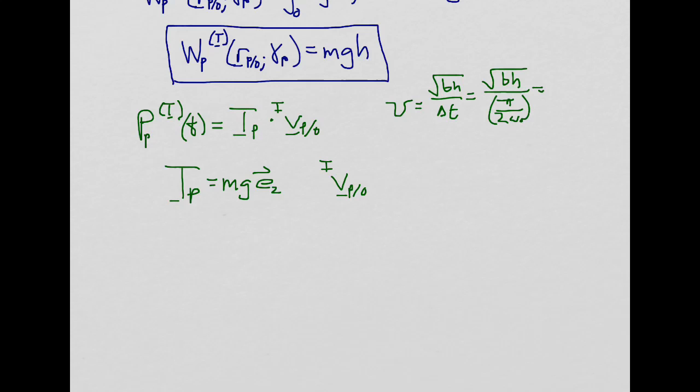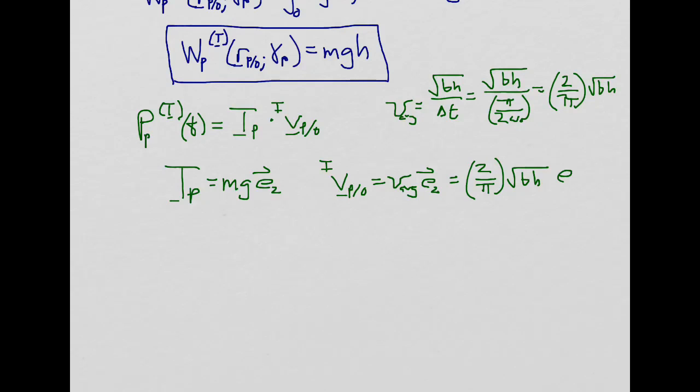And then our average speed ends up being 2 divided by pi multiplied times the square root of bh. So that's our average. And so our velocity, being our average speed in the E2 direction, is equal to 2 over pi multiplied times the square root of bh in the E2 direction.